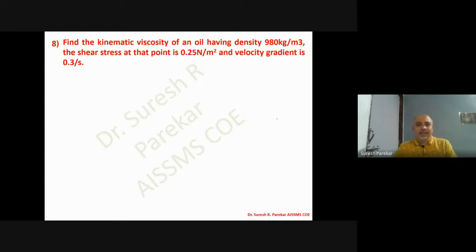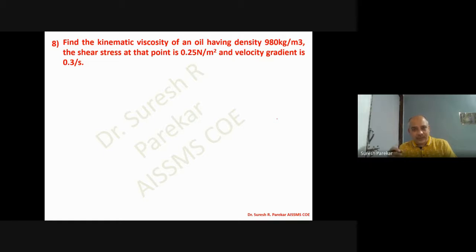Then we have next: find the kinematic viscosity of an oil having density 980 kg per meter cube. The shear stress at that point is 0.25 Newton per meter square and the velocity gradient is given. To find the kinematic viscosity, we have to determine the value of mu first, and then go for nu.